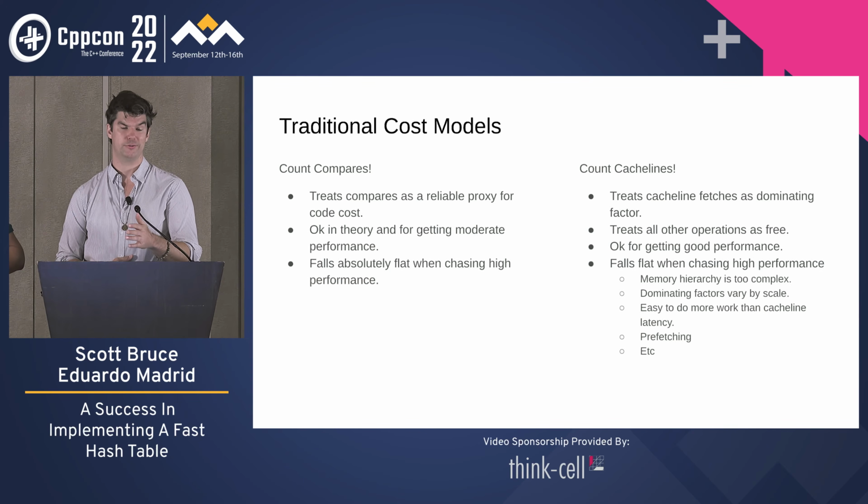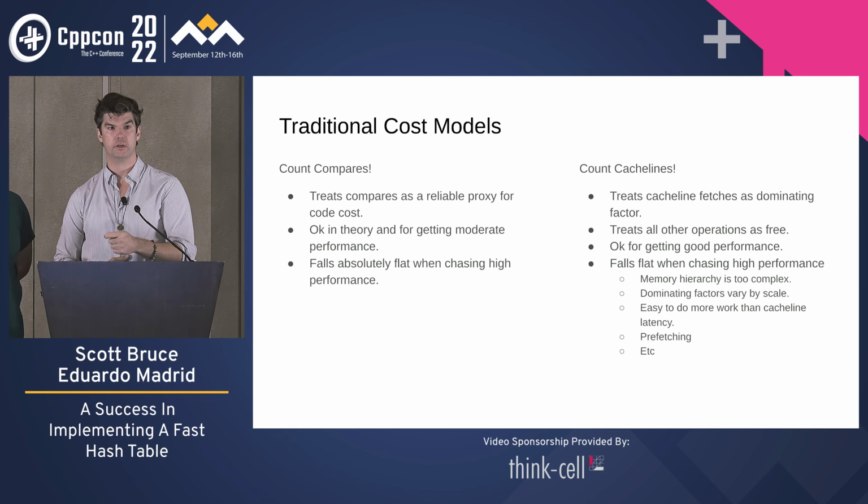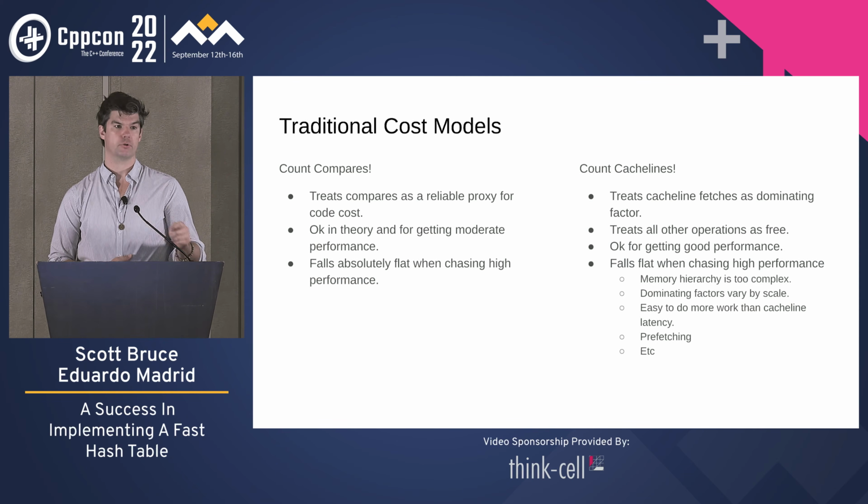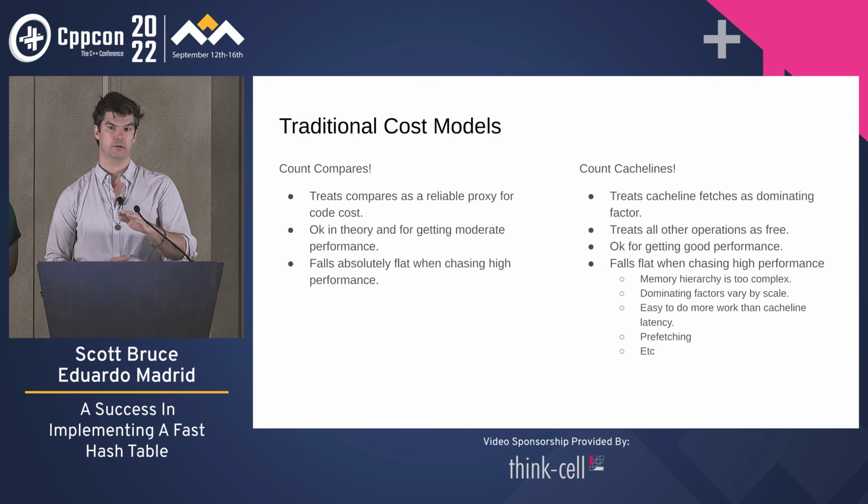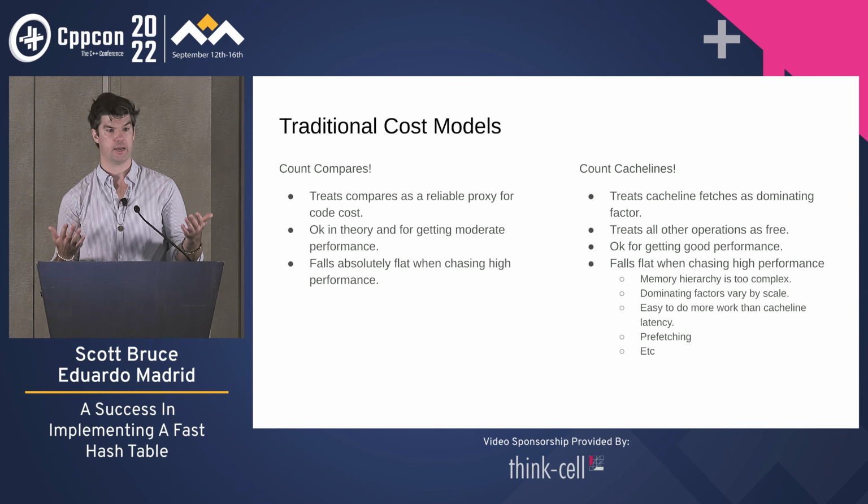In the last 10 or 15 years, maybe, counting cache lines, or cache line accesses, has become an alternate method of determining how fast your code will be before you run it. It treats all other operations as free. This is unfortunate because if you miss a couple branch predicts in the course of a cache line, you can take more time on the actual code you run than the time you spend fetching a cache line.